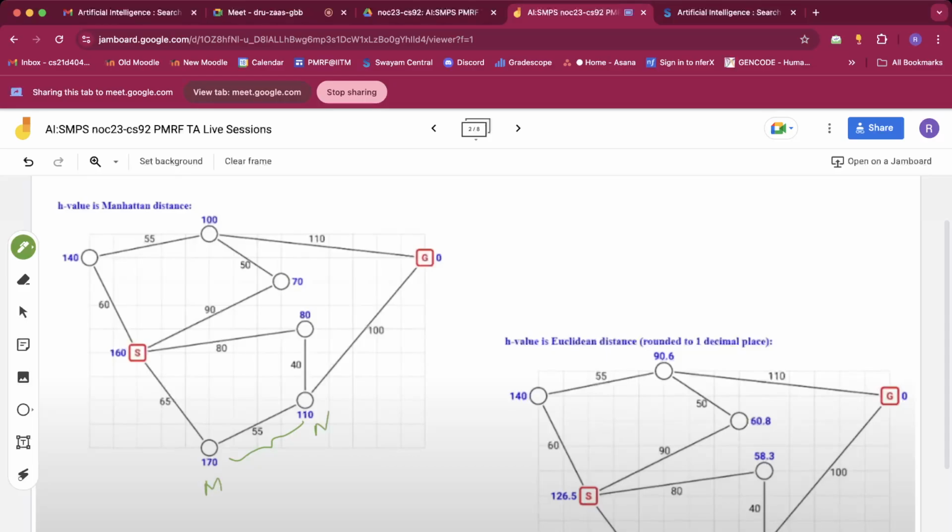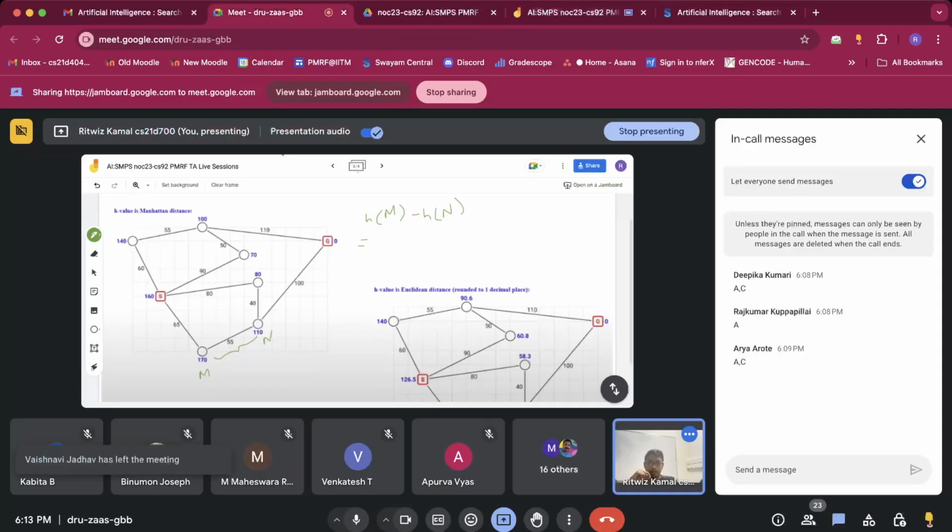Okay, so what would be h of M minus h of N? Can anyone tell me?